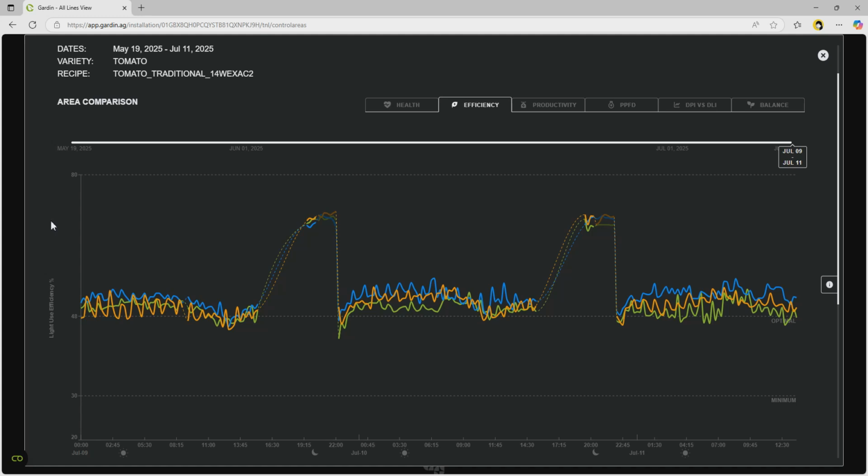Now we can visualize exactly how plants are doing in different metrics, comparing different factors side by side. Right now, I'm in the efficiency section, highlighted in a brighter white at the top. I can see a graph of the light use efficiency over the past 3 days, indicated by the dates at the top.